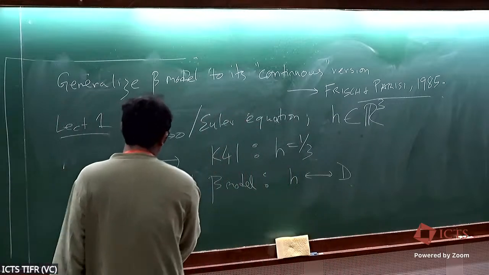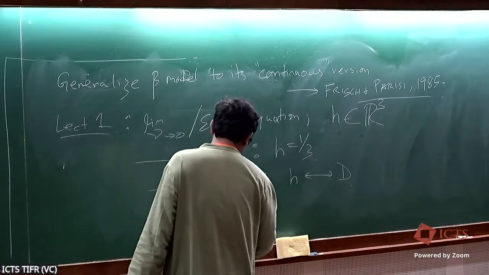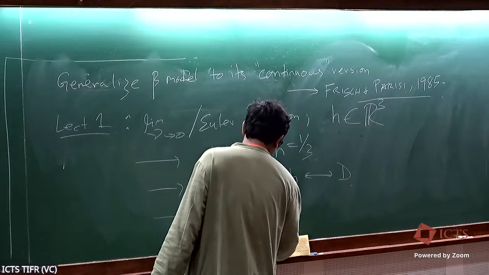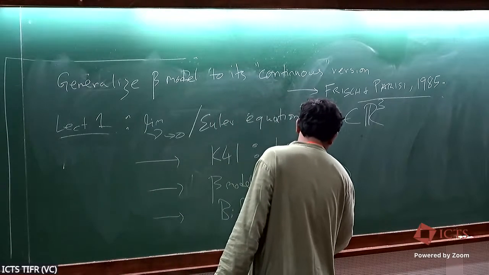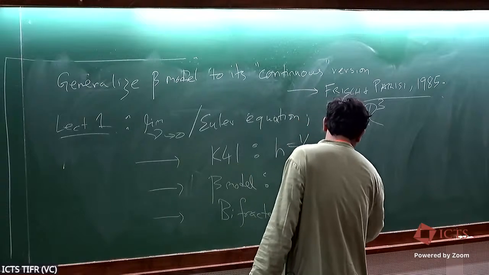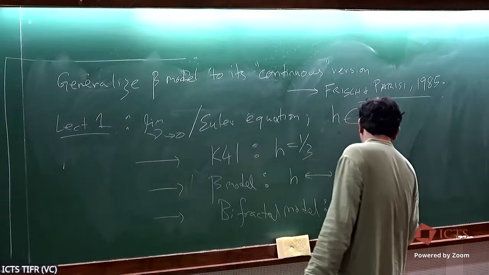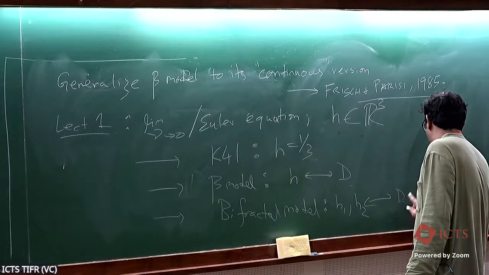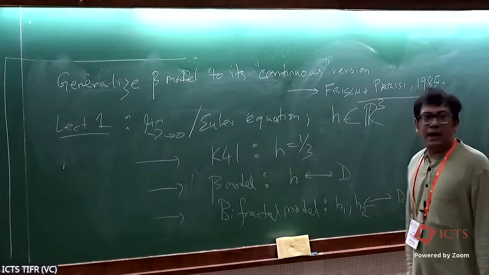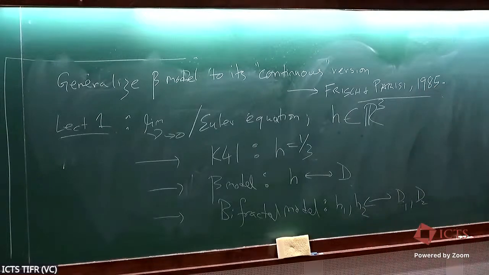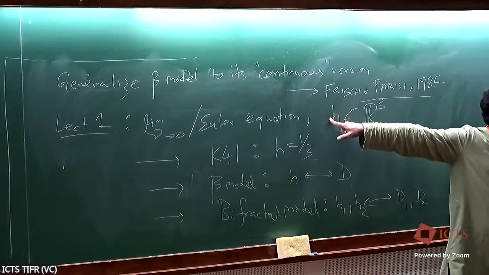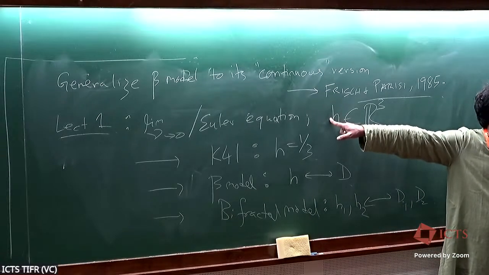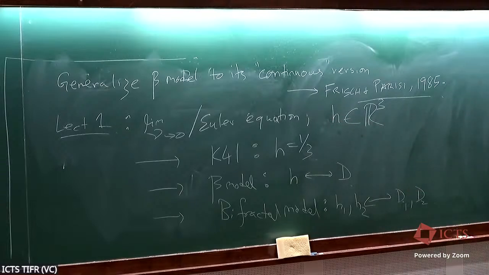And then the bifractal model allowed me the use of two values of H, two values of D, which is completely consistent with what Navier-Stokes would allow me. So I haven't broken any constraints that the Navier-Stokes had on me.